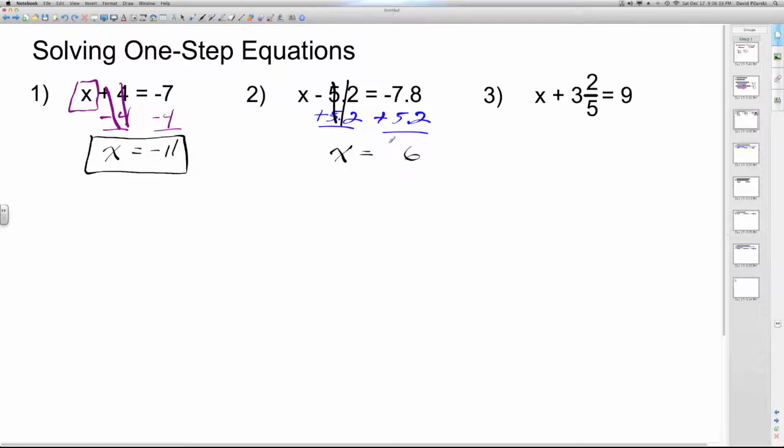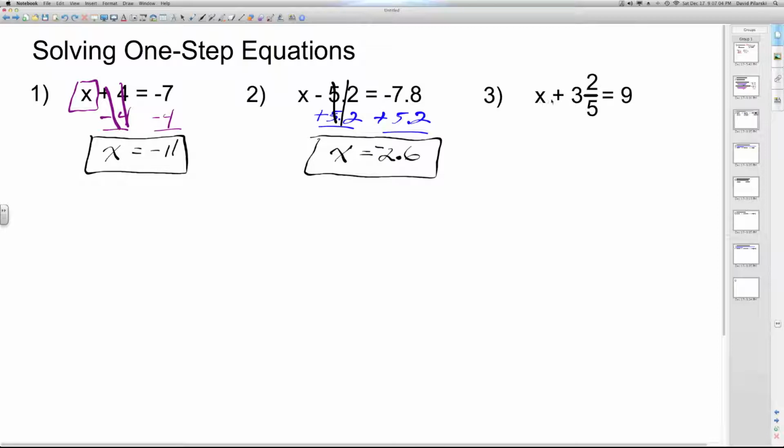And 7 take away 5 is 2. The decimal is going to be between them. The absolute value of negative 7.8 is greater than the absolute value of 5.2. Therefore, the solution is negative. Here, I use the addition property of equality to solve the equation.